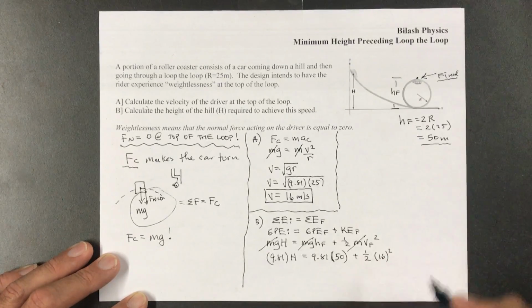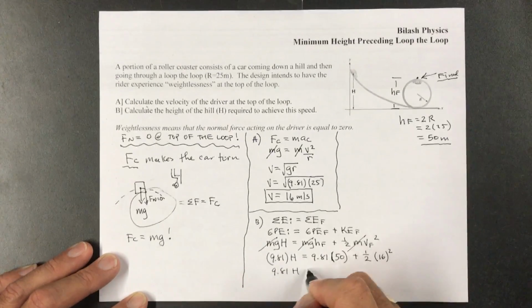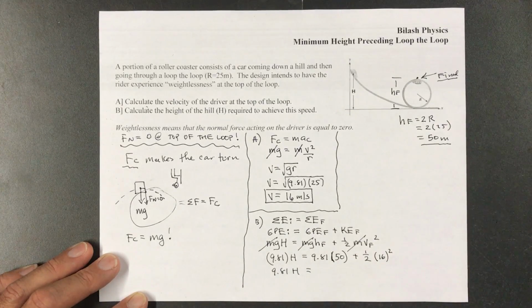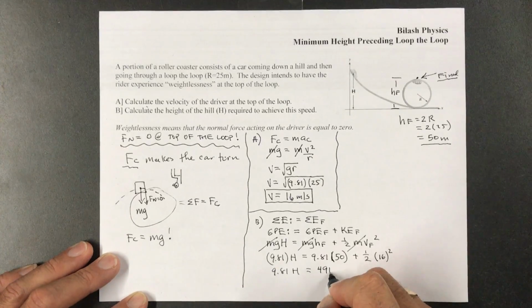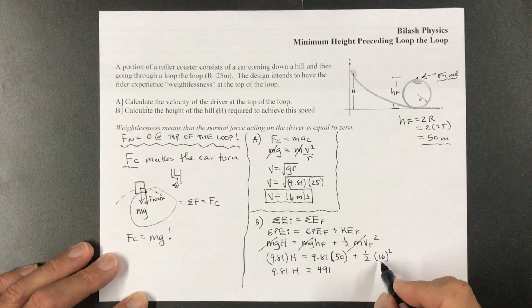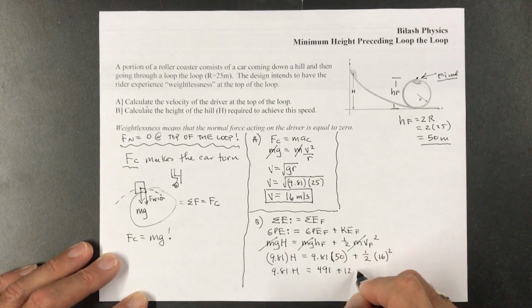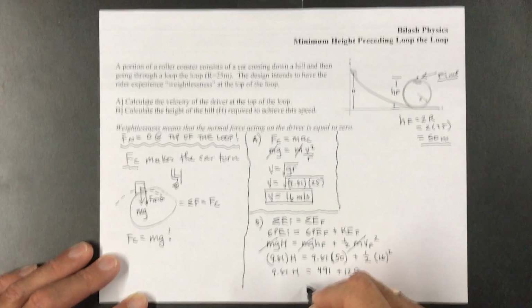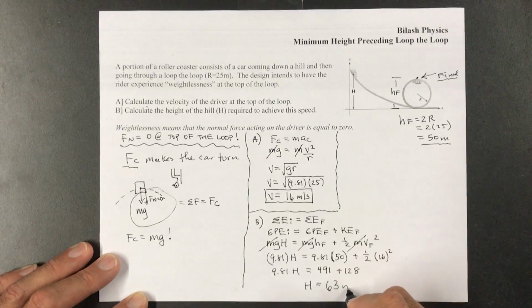So 16 squared. So this is 9.81 H is equal to 9.81 times 50 is 491. And 16 squared times 1/2 is 128. So H works out to 63 meters.